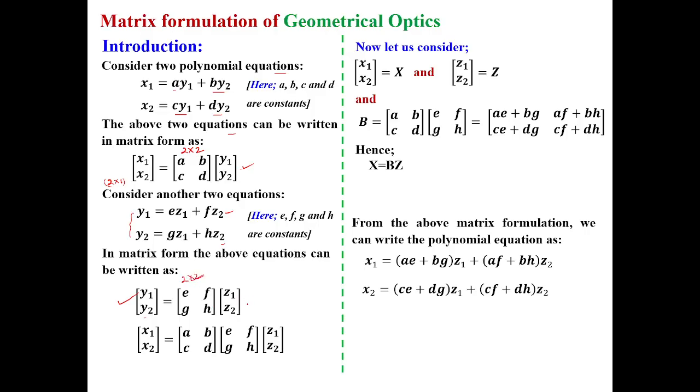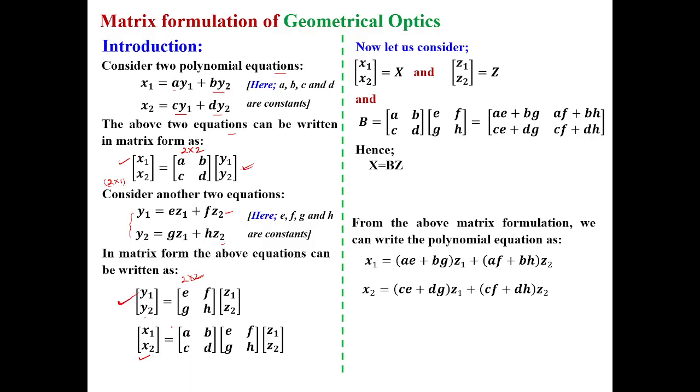Now I am going to substitute. Consider the x1, x2 matrix, which equals the 2 cross 2 matrix a, b, c, d into the 2 cross 1 matrix y1, y2.